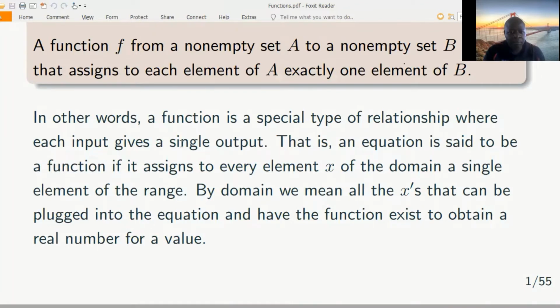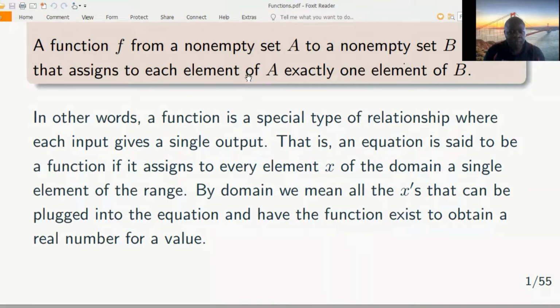So each input must give a single output. We should not have cases where one input gives two outputs. If one input gives two outputs, then that is not a function. And where we have other objects not assigned to images, then again that will not be a function.